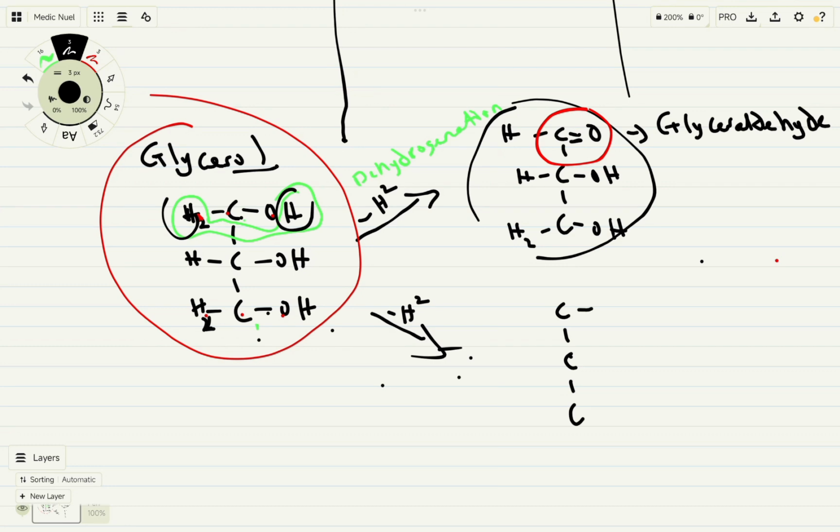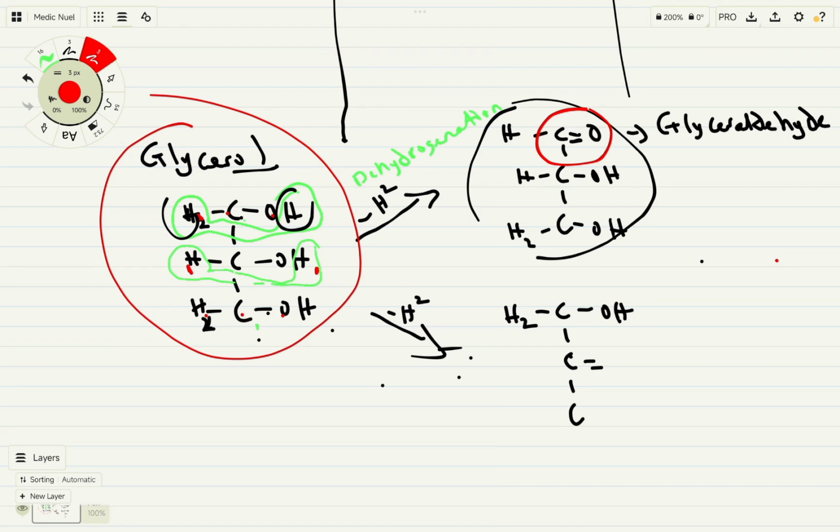Our OH is going to be intact, our H2 is going to be intact, but there's going to be a problem. If 2 atoms of hydrogen are going to be removed, since there is no 2 hydrogen here, we only have 1 hydrogen on both sides, 1 hydrogen here, 1 hydrogen here.